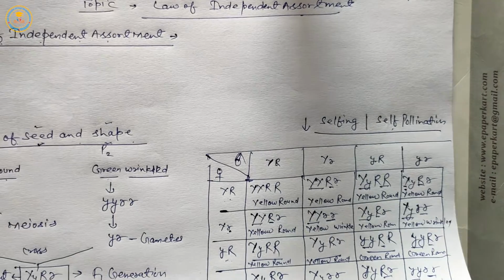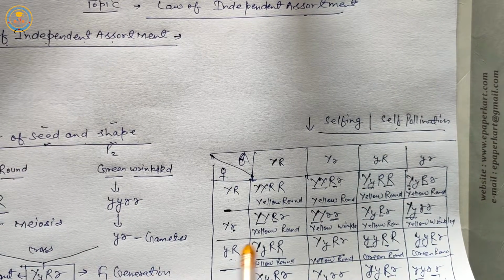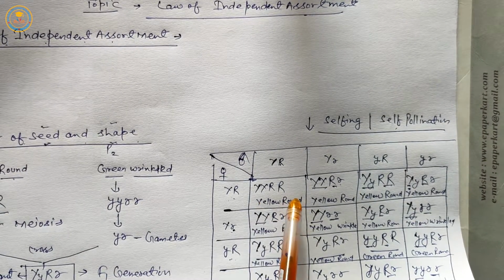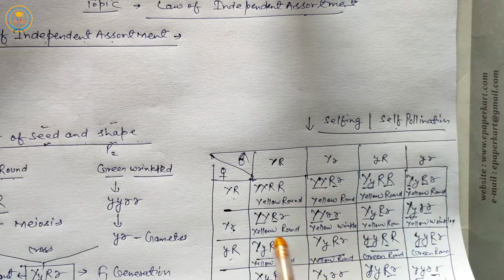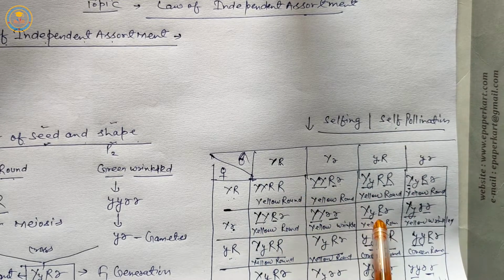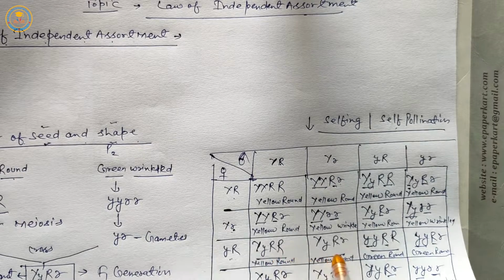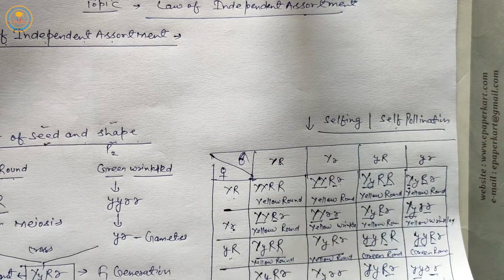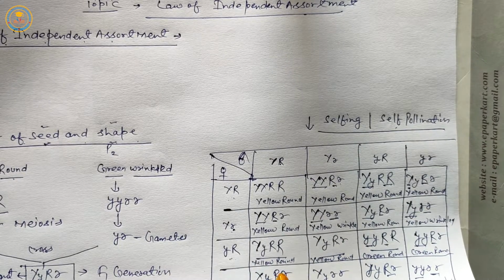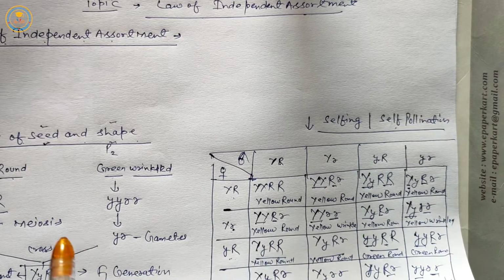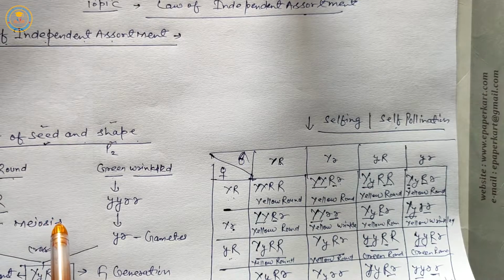Next, genotype and phenotype. First, phenotype: yellow round plant, 1, 2, 3, 4, 5, 6, 7, 8 and 9, only 9 in F2 generation of law of independent assortment.